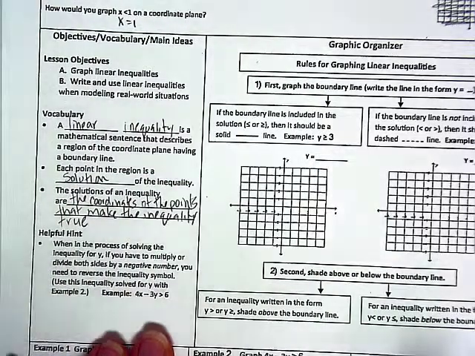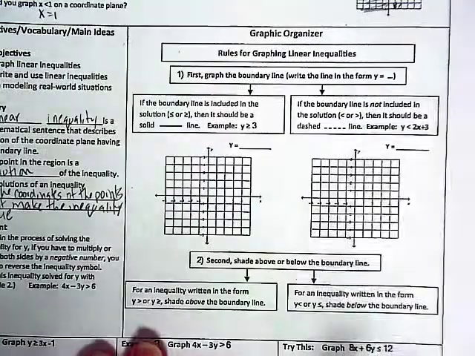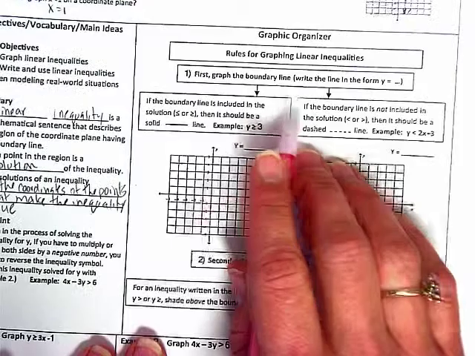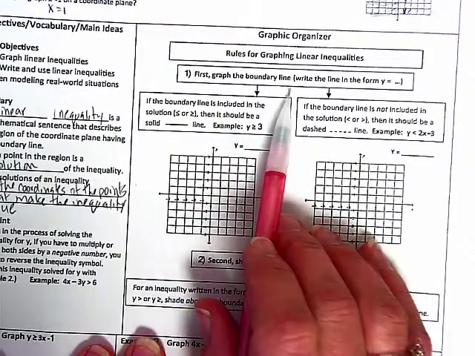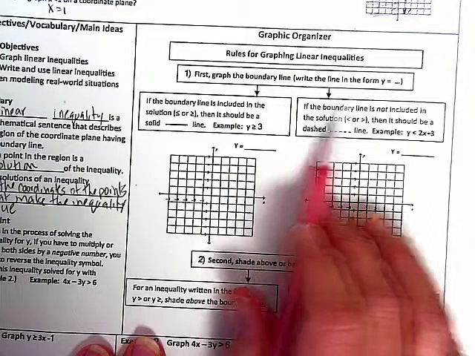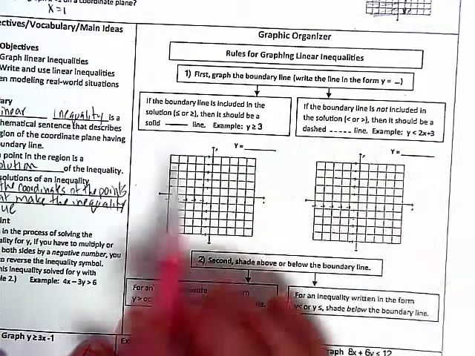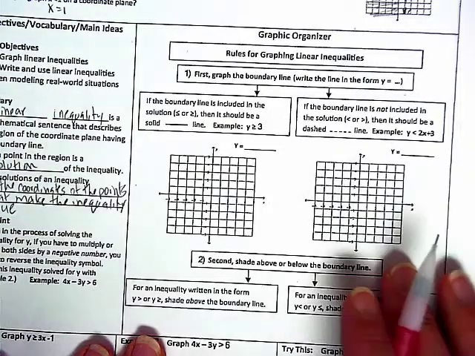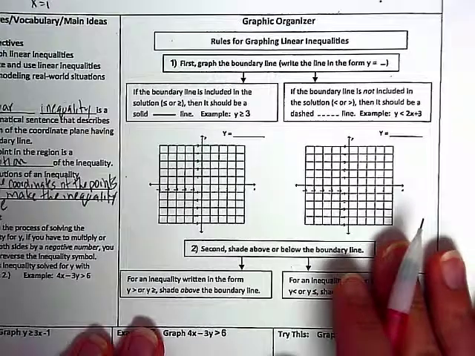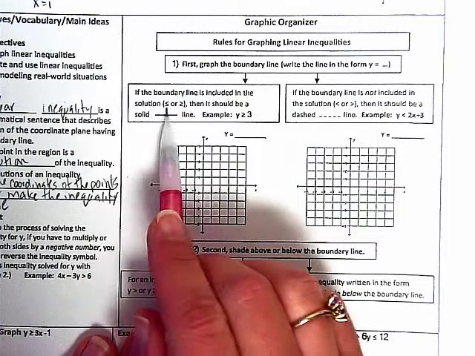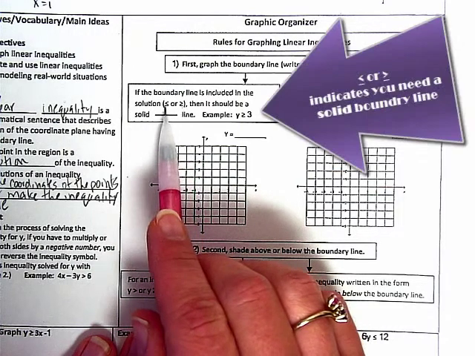Okay, take a look over at our graphic organizer. Here are the rules for graphing linear inequalities. First, graph the boundary line. Write the line in the form y equals, just because that's what you've been used to using. Then we'll look at what the inequality says to see what we're supposed to do next. So looking here, if the boundary line is included in the solution, see how it has the equal to sign with the inequality?